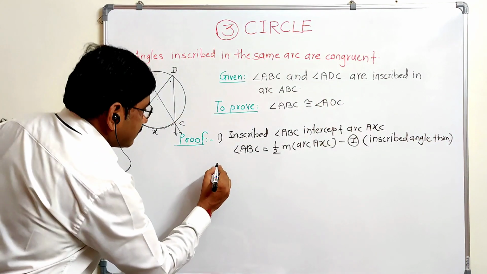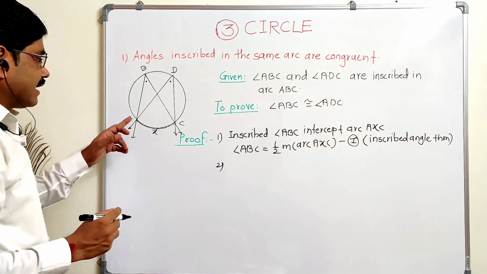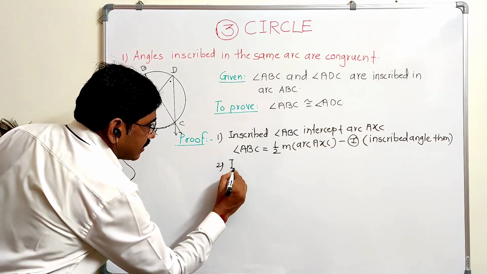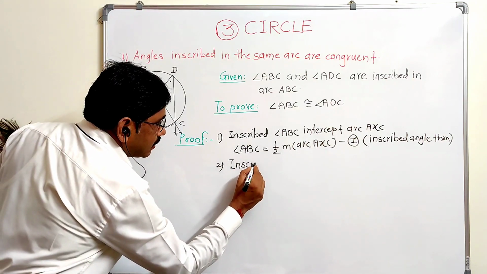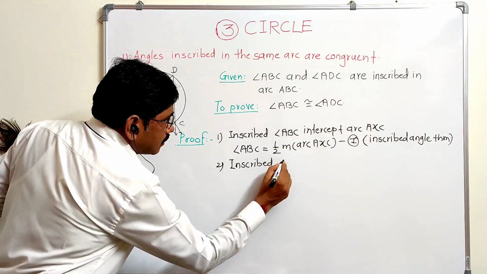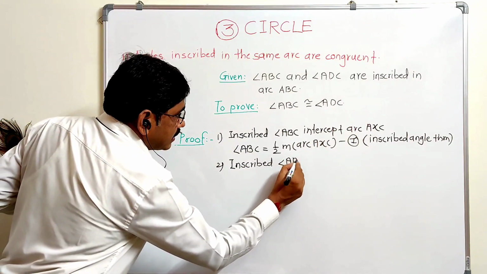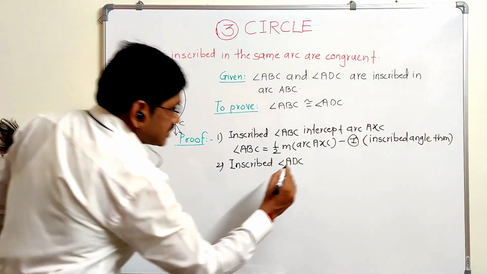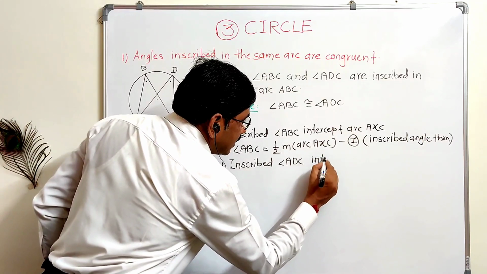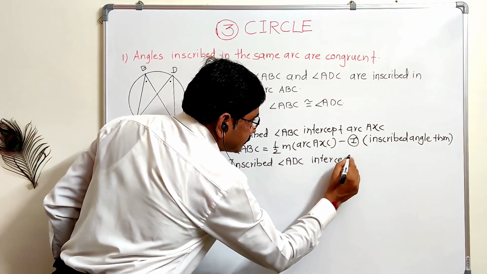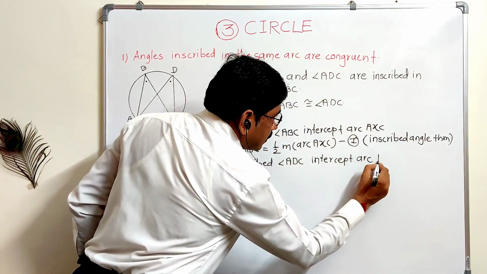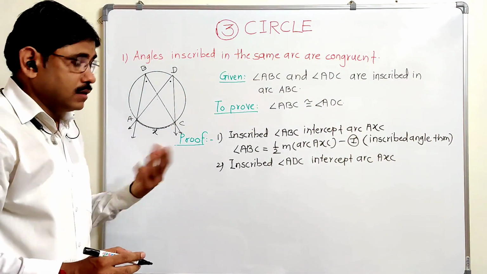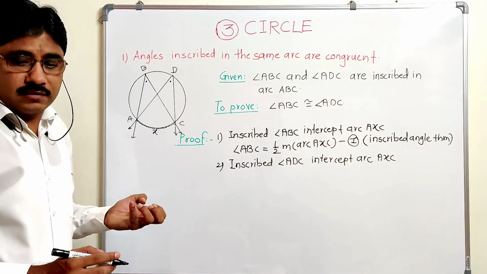Now second step, again if we observe, angle ADC is an inscribed angle, and it intercepts the same arc, arc AXC. The proof is not given in the book, but we have to prove that.